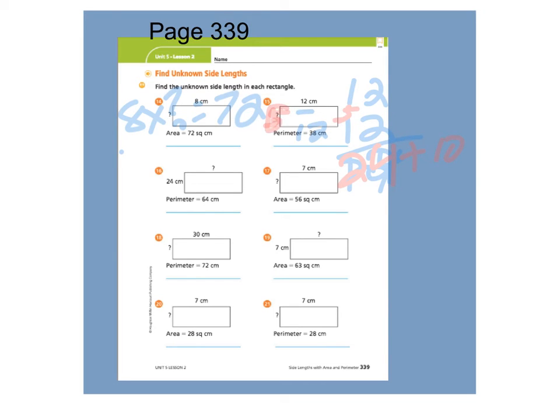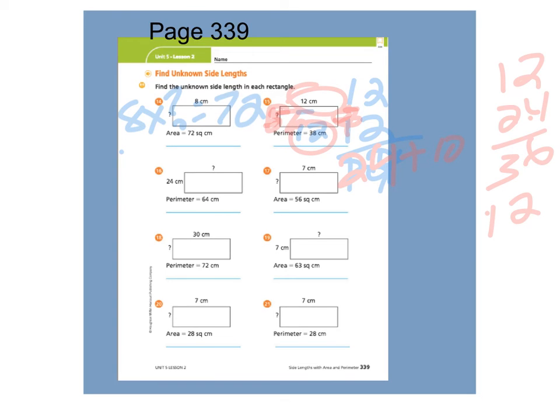So if we change this to a 6 and a 6, then it's 12 plus 24, 36, nope. So change it into a 7 and a 7.